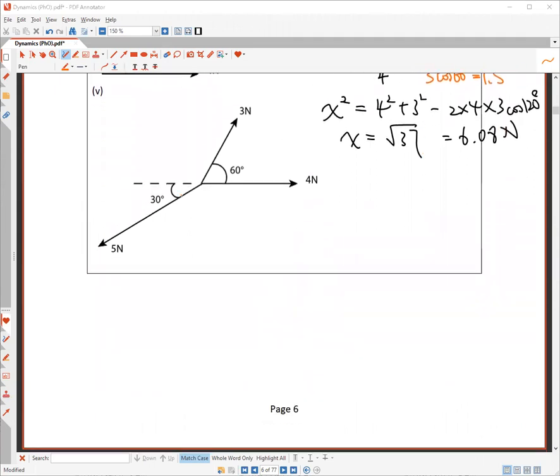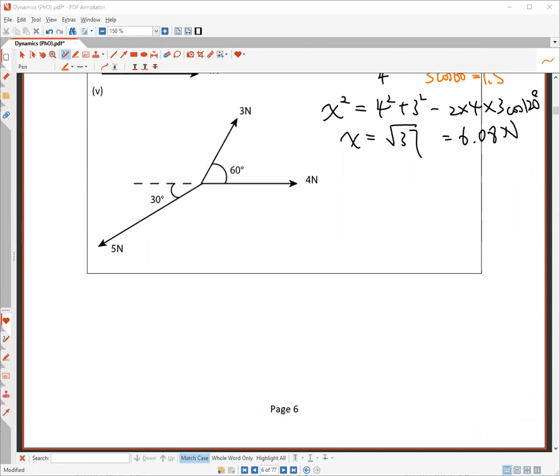But let's say for question 5, I think it's always easier if there are more forces in different directions. It's always easier for you to use the components method. So you decompose all the forces along the horizontal axis and also the vertical axis.